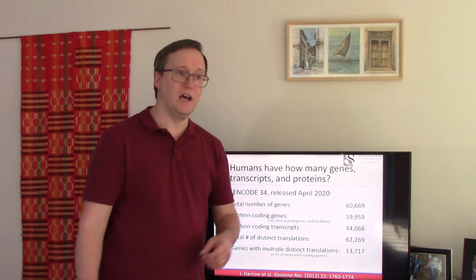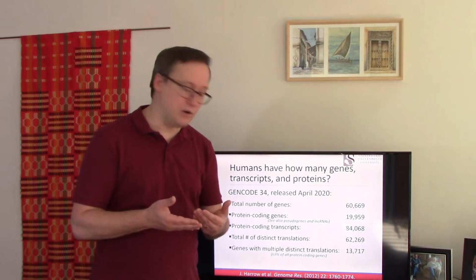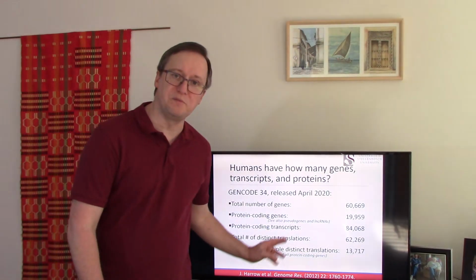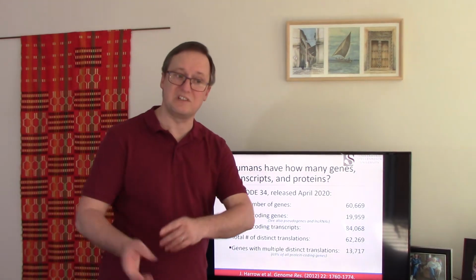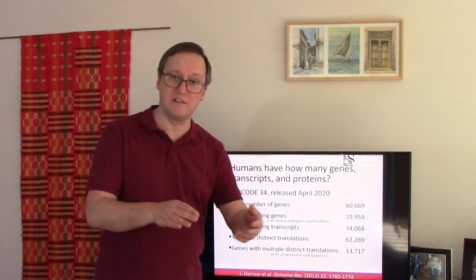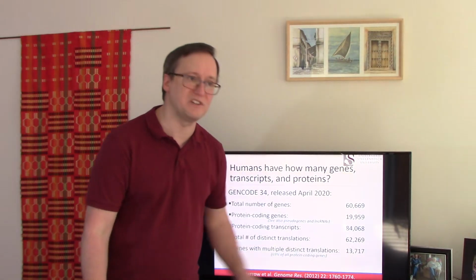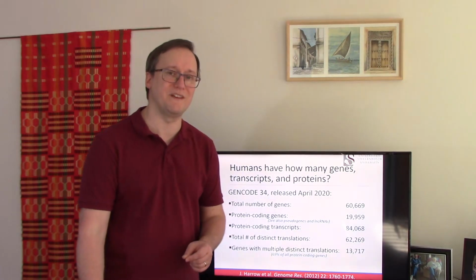And finally, we can then ask, of all the protein-coding genes, what fraction of them, or what number of them, have multiple distinct translations, which is to say you can get different polypeptides when you translate the transcripts produced by that gene. We see that that number is 13,717.